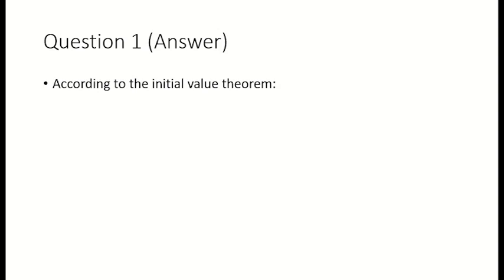So how you would find the initial value is to apply this equation. So you find f of 0 by finding the limit of s approaches infinity of s times F of s.